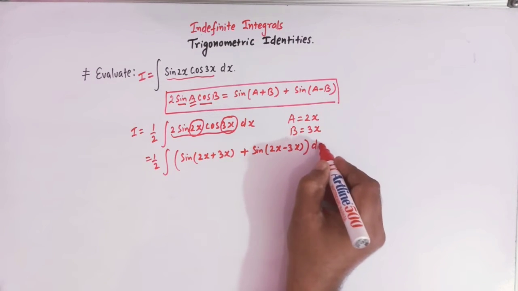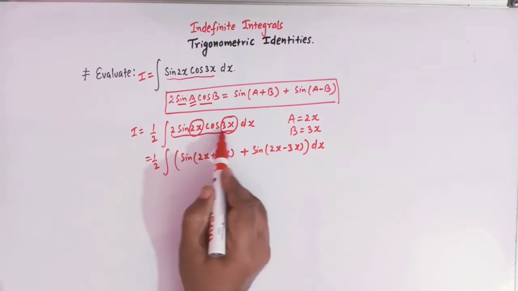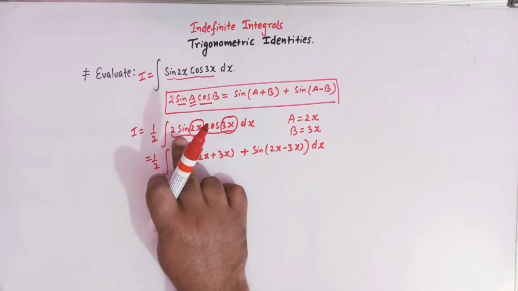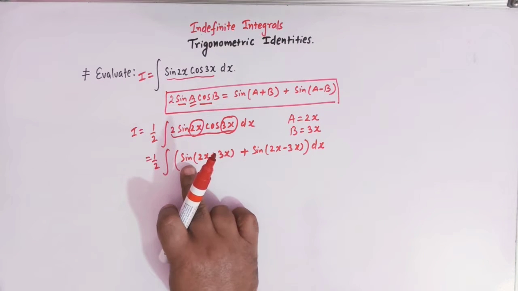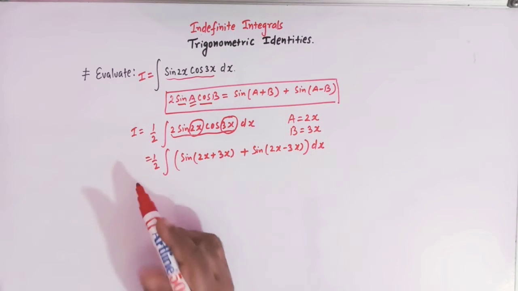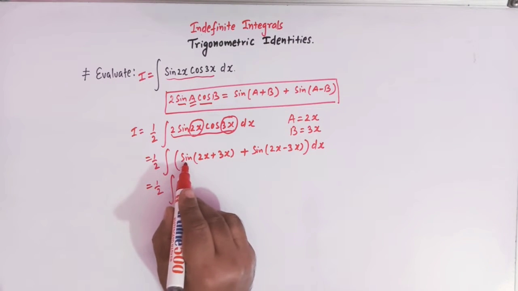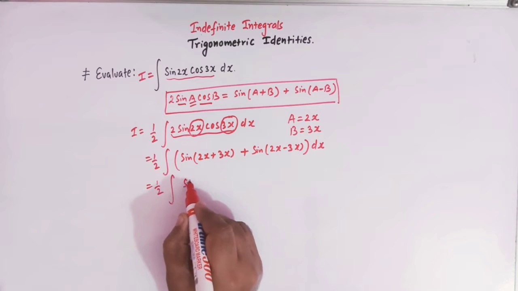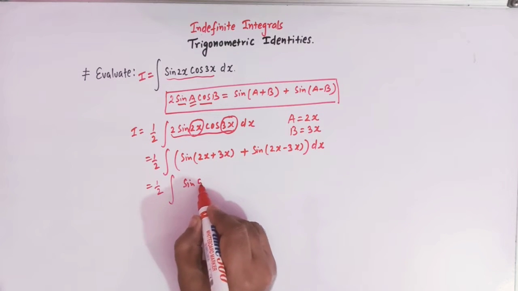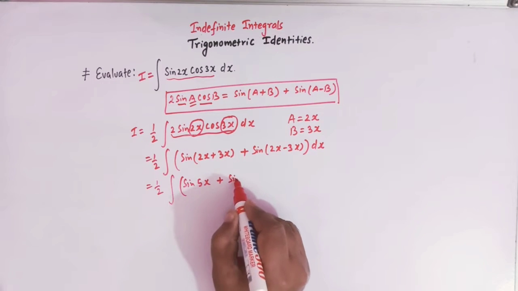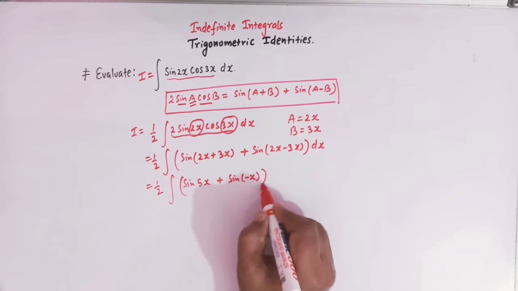We have converted the product of sine and cosine into the sum of two sine functions. So we have half, sine 5x, because 3 plus 2 is 5, and sine of minus x.